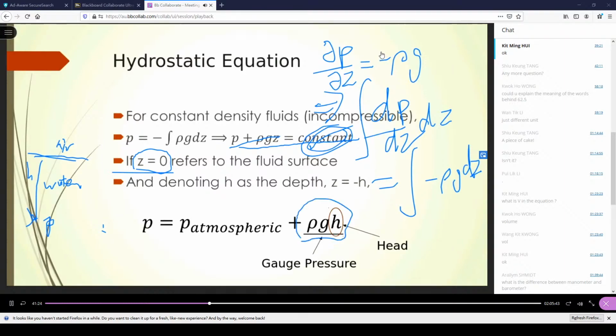Now you will actually understand why this rho gh, if you look at the pressure here divided by some small area, right? You will realize that this term basically is the weight of the water above. If you are here, this represents the weight of the water column above your head divided by the area of your head, something like that, right?